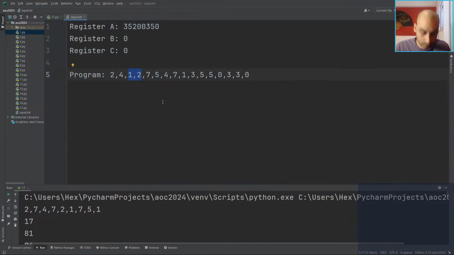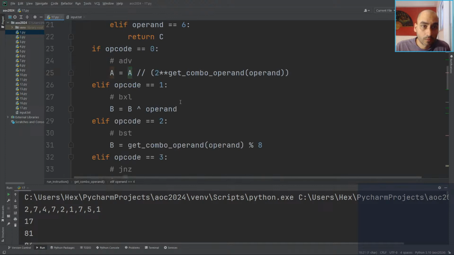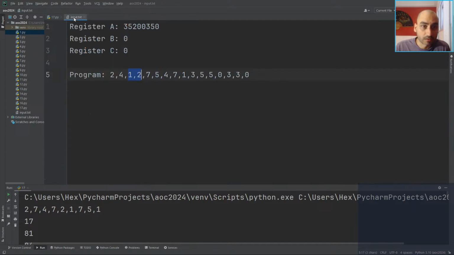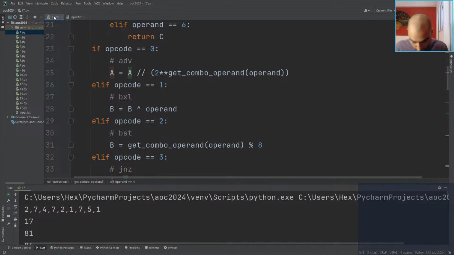1, 2. So that's BXL. B equals B XOR operand. The operand is 2. So it's now A percent 8 XOR 2. Fine.